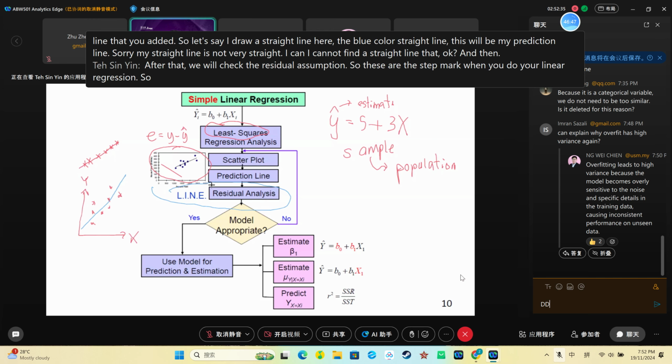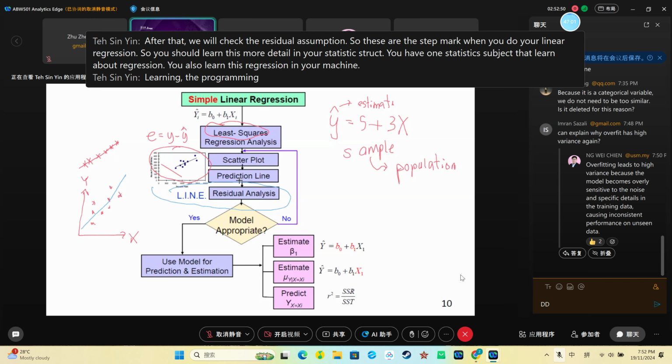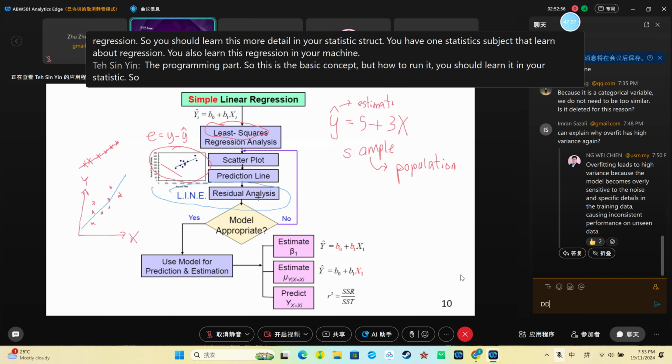You should learn this in more detail in your statistics subject. You have one statistics subject that teaches regression. You also learn regression in your machine learning, the programming part. So this is the basic concept, but how to run it, you should learn in statistics. For residual analysis, there are 4 assumptions, L-I-N-E, which I put for you to remember easily.